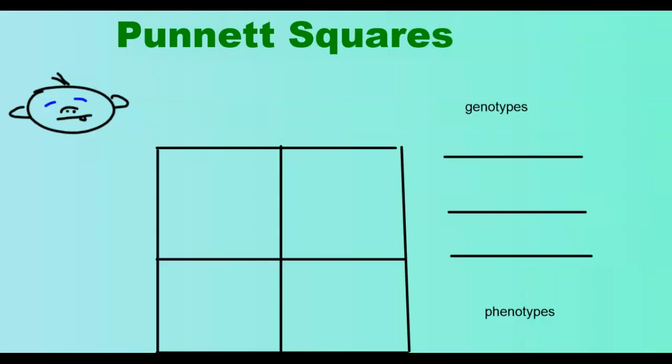Okay, in humans, brown eyes are going to be capital B. They're dominant over blue, lowercase. A brown-eyed man marries a brown-eyed woman, and they have children. 3 of their children have brown eyes, and 1 has blue. How is this possible? Now I'm going to write a dominant gene for both because we know both parents have the brown eyes.